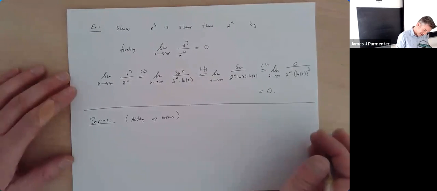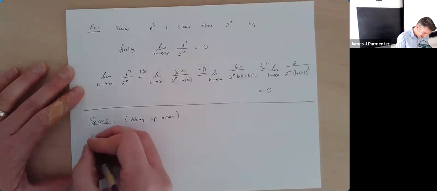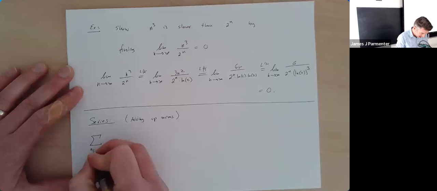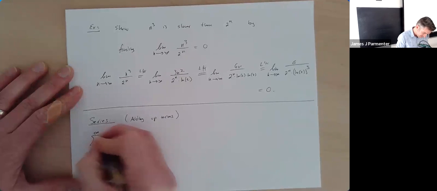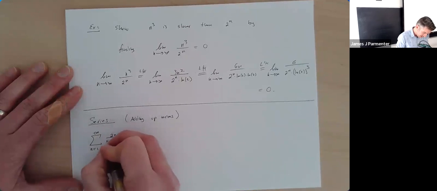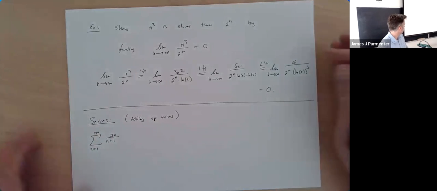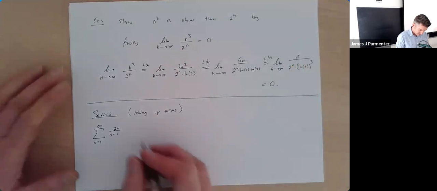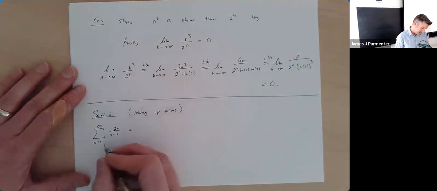Okay. So let's look at this infinite series. The sum from n equals 1 to infinity of 2n over n plus 1. So I'm going to start writing out terms. I've got, let's see, n equals 1.